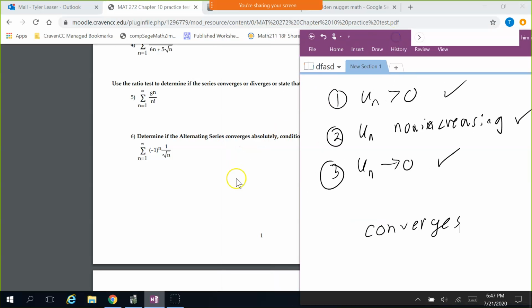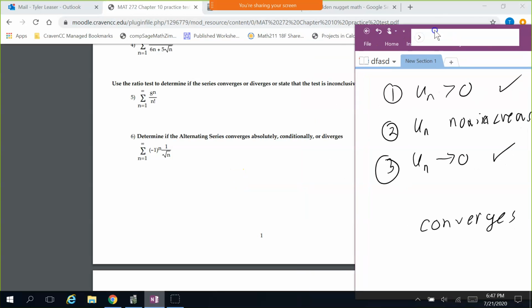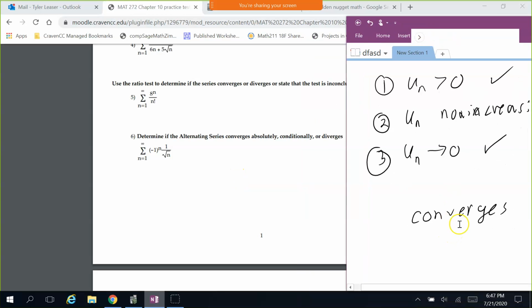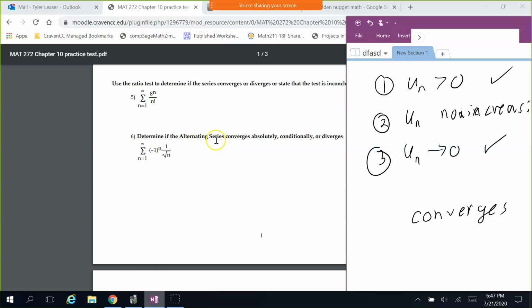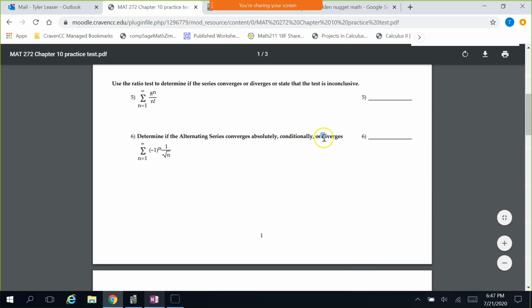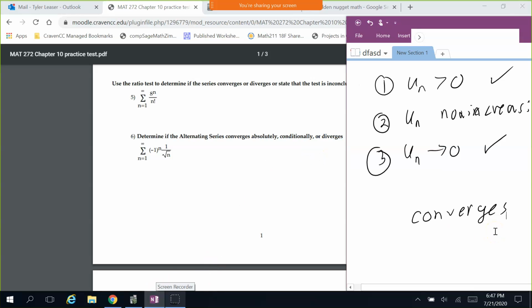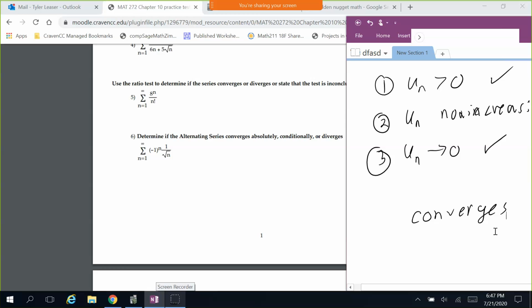Now, the question, though, is asking a little bit more than just does it converge. It wants to know, does our alternating series converge absolutely, converge conditionally, or diverges? We've already eliminated diverges because we do know that it converges. We just don't know if it converges absolutely or if it converges conditionally.